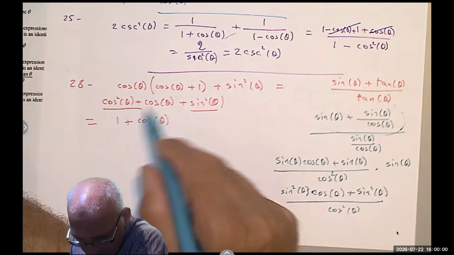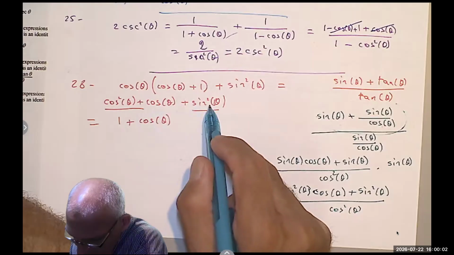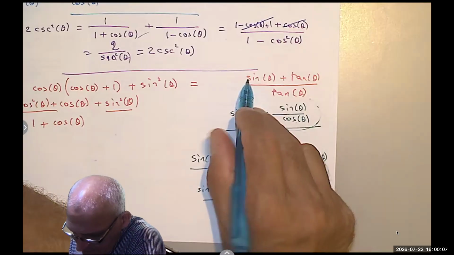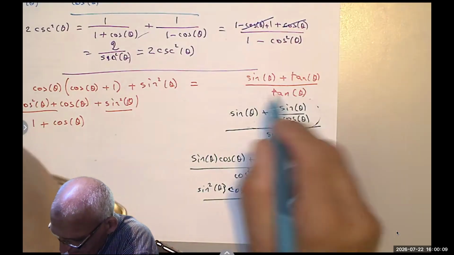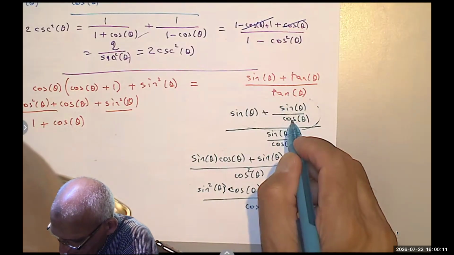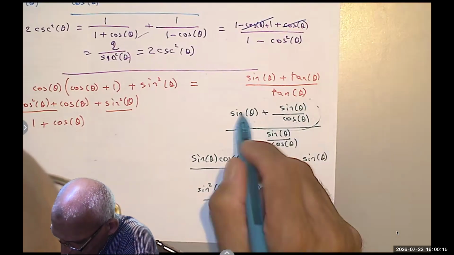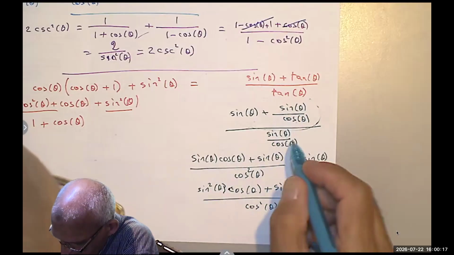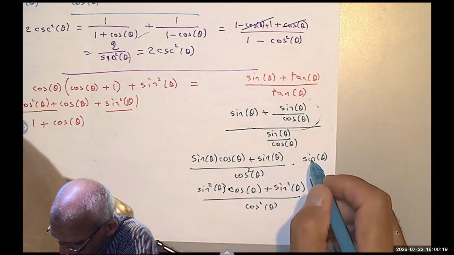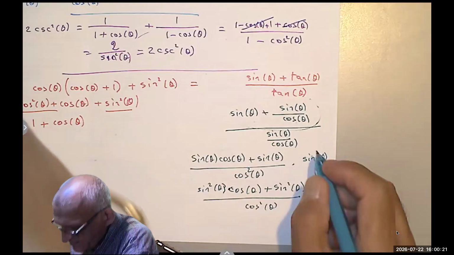Cos square plus cos plus sine square. Yeah, this is correct. Sine plus tan over tan. Sine plus sine over cosine over sine over cosine. So sine cosine plus sine over cosine squared times sine. No.